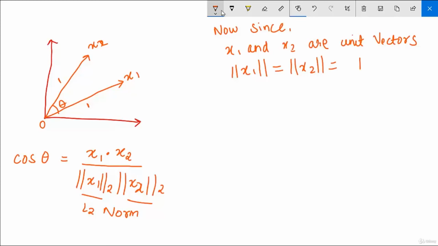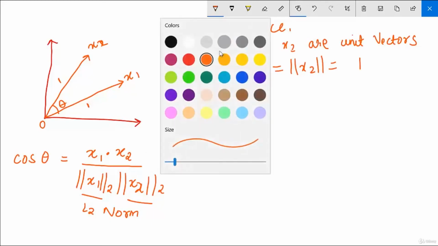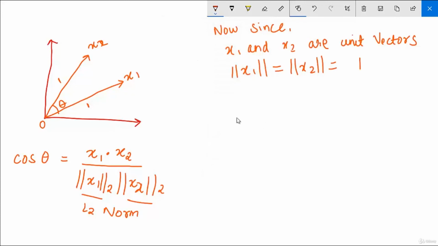So if we keep the x1 length and x2 length as 1, this formula will become cos theta equals x1 dot x2.